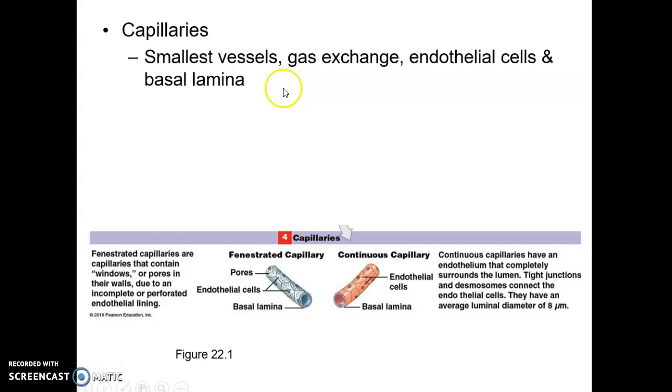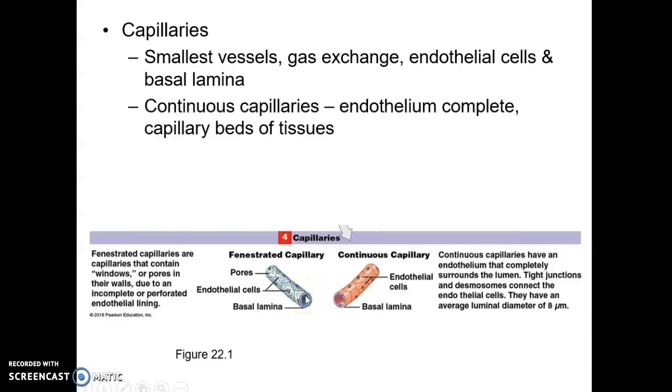So the capillaries are the smallest blood vessels, the site of gas and material exchange. There's only one thin layer of endothelial cells, and then a basal lamina surrounding that. So it's a thin diameter structure that allows for nice rapid diffusion of materials out, like oxygen, nutrients, and hormones, and also allows easy diffusion of waste materials and carbon dioxide into the capillaries.